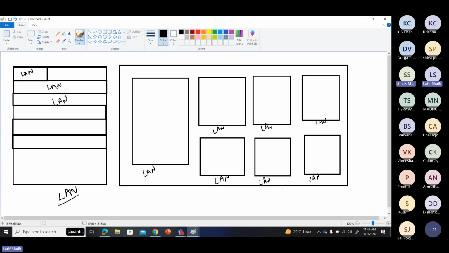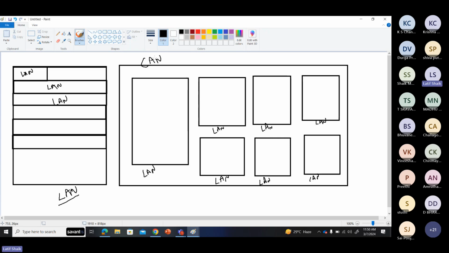Think like this, each building one lab. And if you connect all these LANs together, now it becomes a CAN, campus area network. Within the campus, we can communicate. For example, CSC people develop an application. It is useful for information required for your ECE department, or we can get some information from the mechanical department.